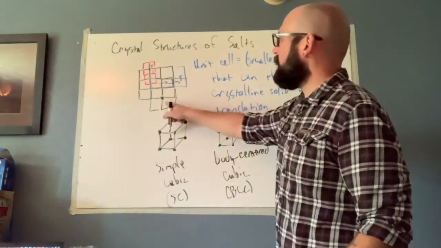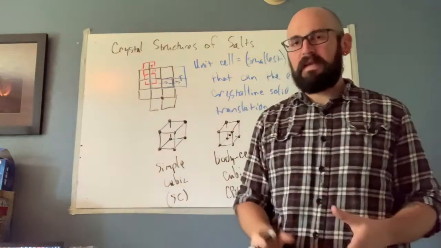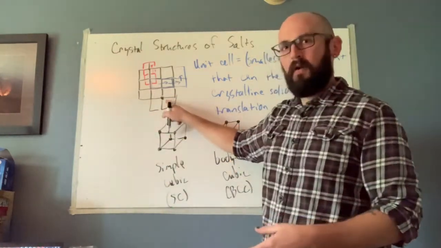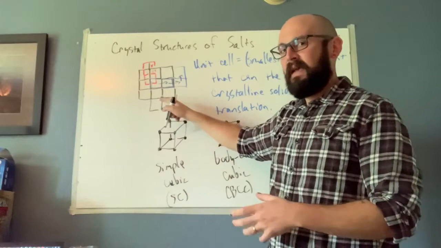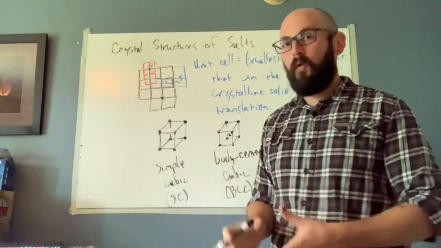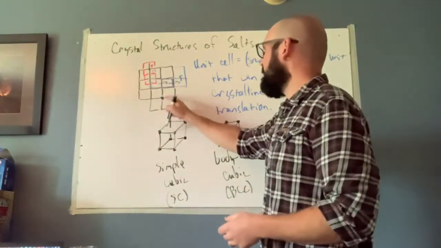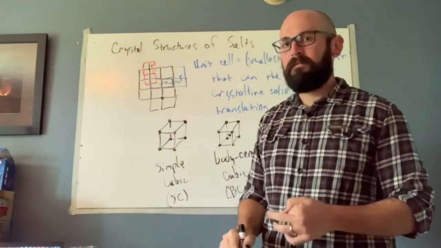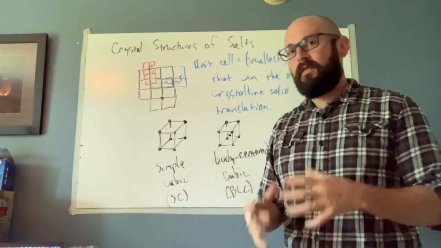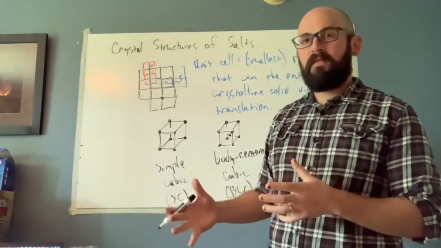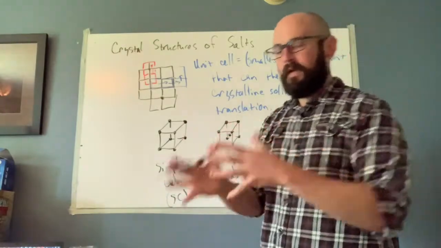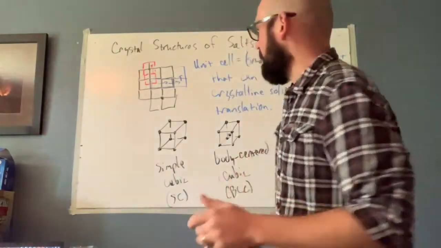So we find, of course, that there are 4 different unit cells in which that atom is a part of. That means that this atom contributes 1/4 of itself to each of these individual unit cells. When we extend this to 3 dimensions, we now have to also consider the forward and back, or top and bottom, if you want to think of it that way.